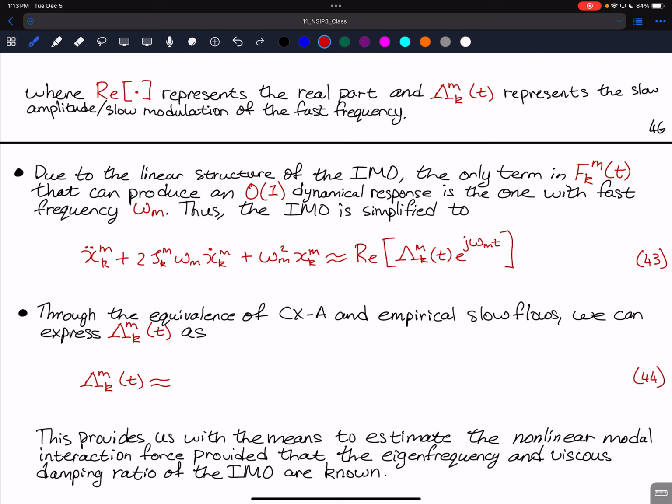That is therefore our reduced order model for this IMO. Here, m is equal to 1 up to big N, and k is equal to 1 up to little n, which is the number of degrees of freedom.